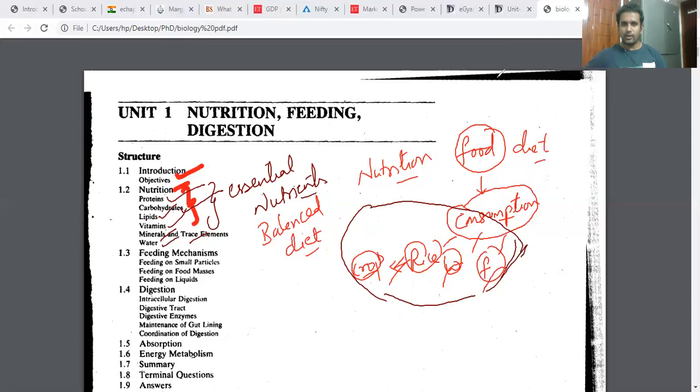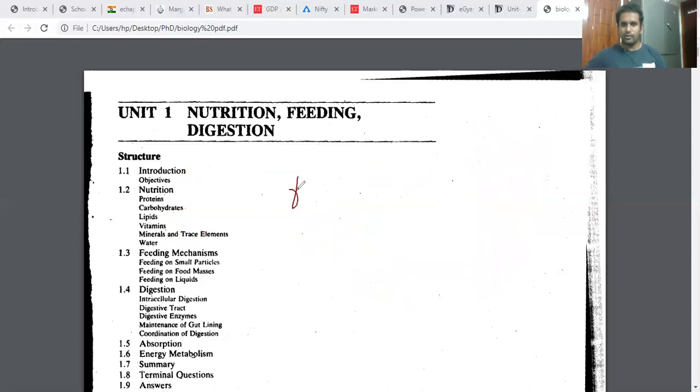So I was talking about food. Whatever you take inside, that is food. Nutrition is nothing but when you have protein, carbohydrates, lipids, okay, vitamins and minerals, all these will give you nutrients.